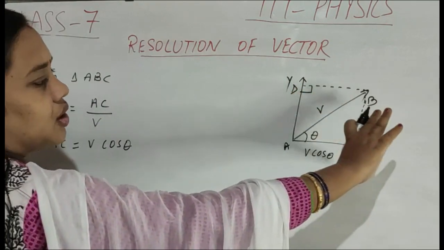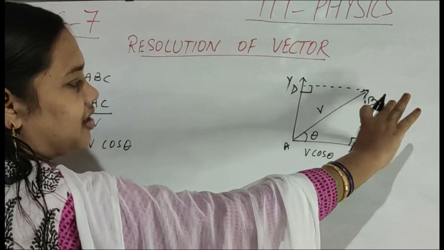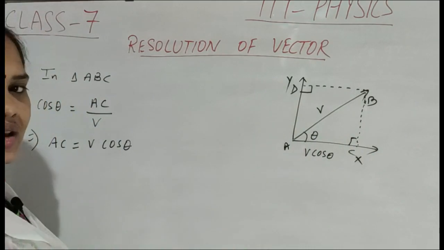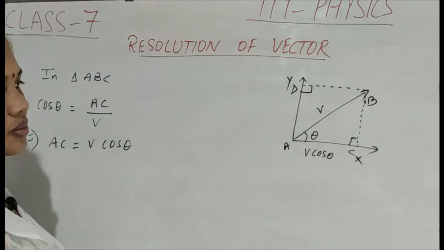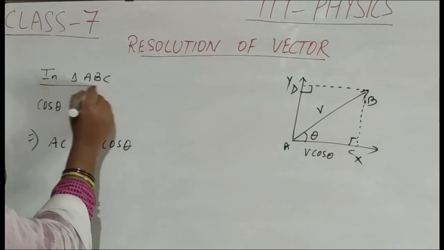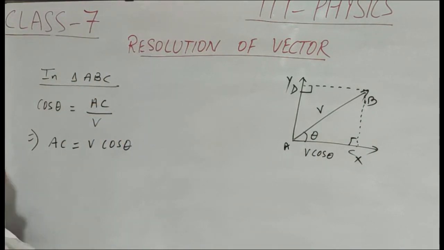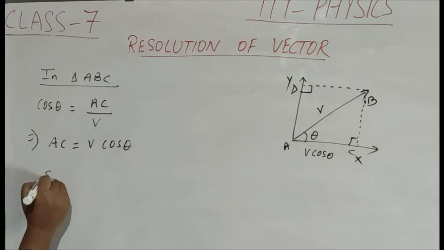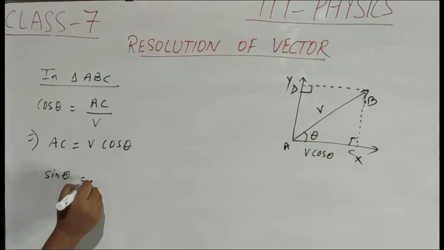AD is equal to BC, so if we find BC from this same triangle ABC, we can get the AD value also. We will take sine theta. Sine theta is perpendicular by hypotenuse. Children, we discussed all this in trigonometry.